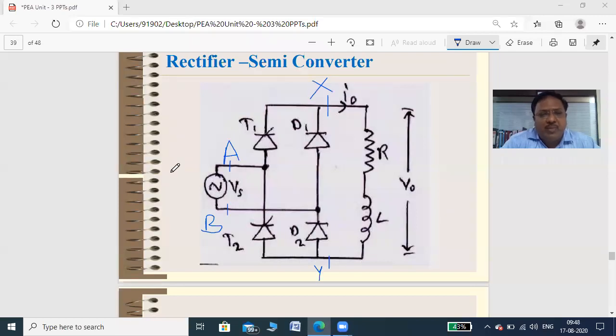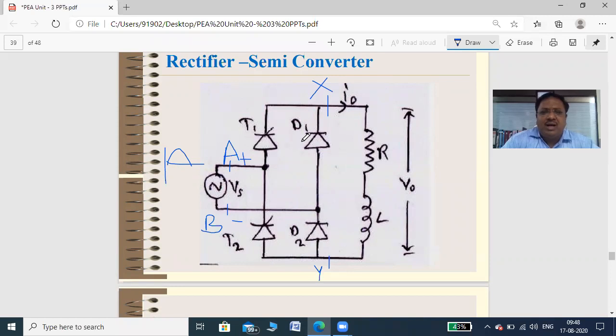So during the positive half cycle, A is positive with respect to B. If A is positive, T1 is in forward bias condition, right? But because of this minus B, the diode D1 is in reverse bias condition, and due to this A plus, the T2 is also in a reverse bias condition.